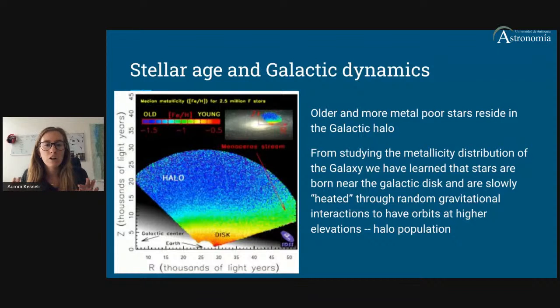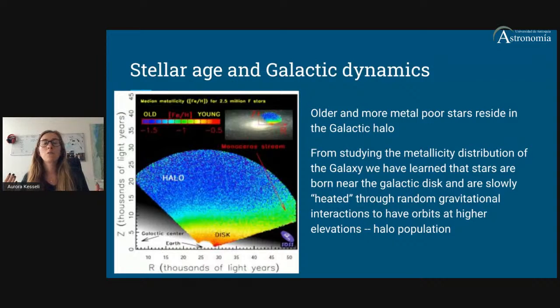And most of the stars that we measure in the thick disk are red colored, which means that they're young and they have a metallicity of about -0.5. As we get to higher and higher elevations above the disk, we start to measure lower and lower metallicities until we get up into the halo of the Milky Way. And in the halo, we see on average metallicities of about -1.5. So these stars are very old.